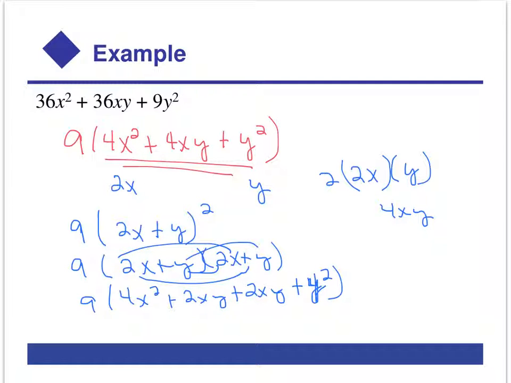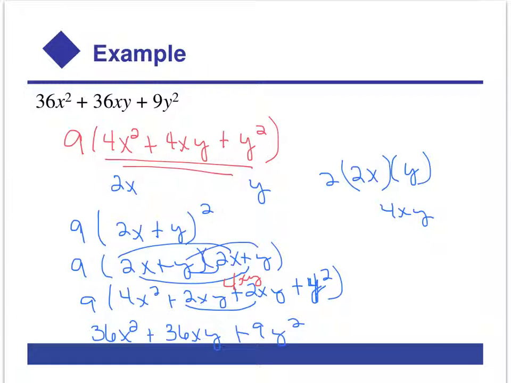And then we're going to multiply by 9. 9 times 4 is 36, x squared. Oh, I forgot to gather like terms. Let's do that real quick. That gives me 4xy. So 9 times 4xy gives me 36xy. And then 9 times y squared gives me 9y squared.